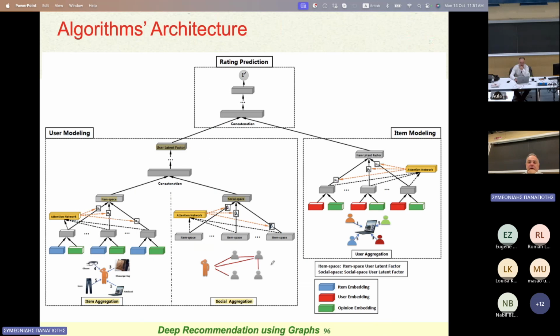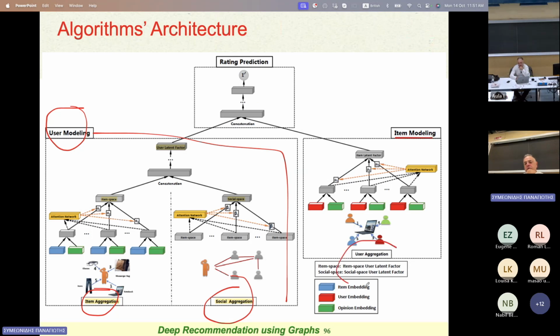And in the end, we see it in whole now, all the architecture. This is the user modeling part that contains the item aggregation and the social aggregation. And we have also the item modeling part, which contains the user aggregation.